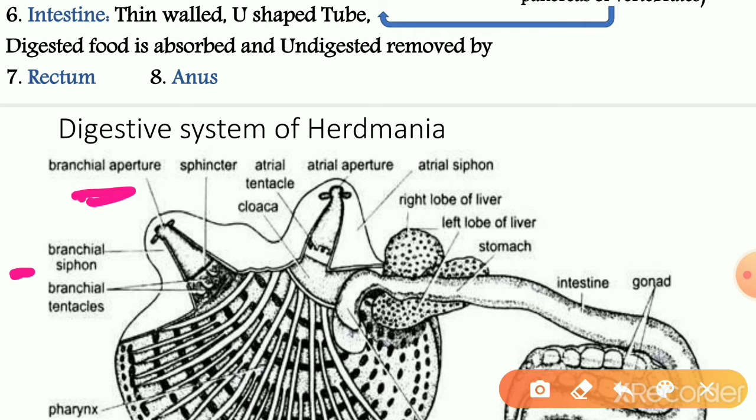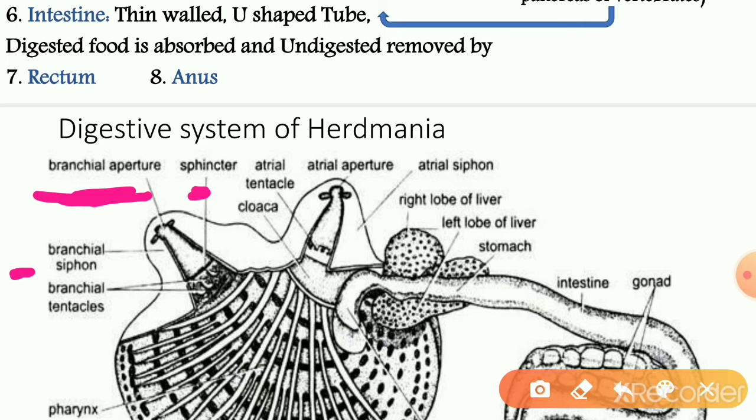Means from this branchial aperture it takes the food material that is present in the water. And here the sphincter muscles are present. These muscles help in the contraction and relaxation of the branchial aperture.